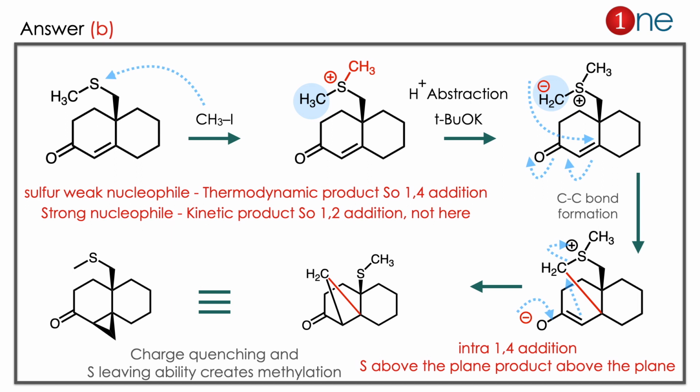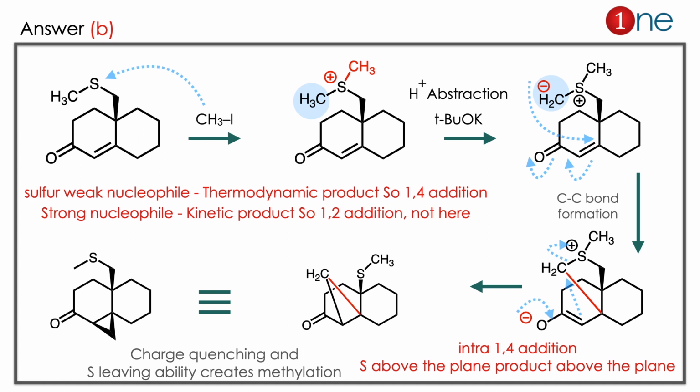Then you have the CH2 minus as well as the conjugated ketone, so an intramolecular addition reaction is possible. 1,4 addition is favorable here, not 1,2 addition, because it's a soft nucleophile. A soft nucleophile always favors the thermodynamic product, which is 1,4. So 1,4 attack happens and the new C-CH2 bond is formed. The ring is more strained, so the ring has to be opened.